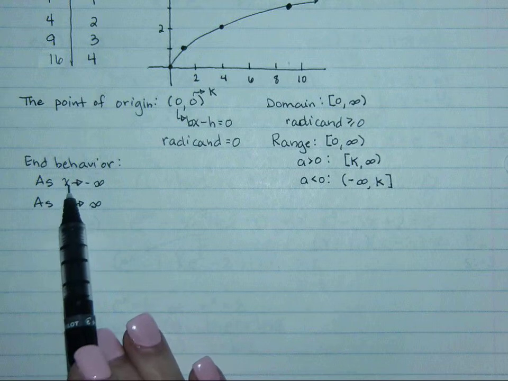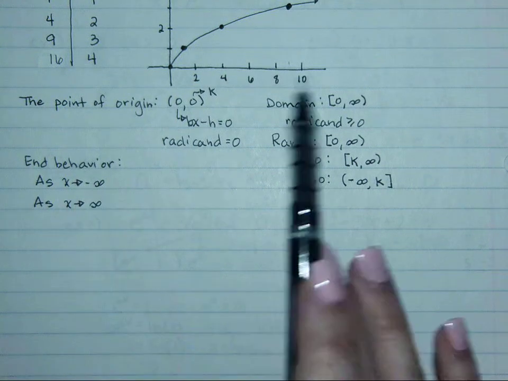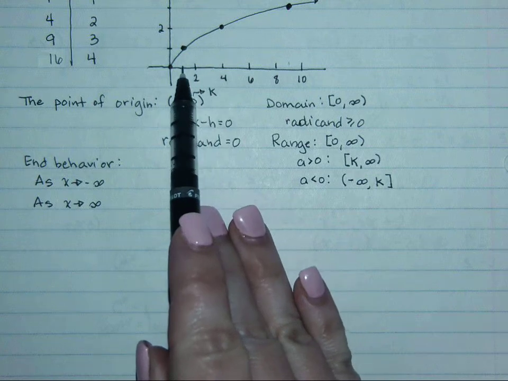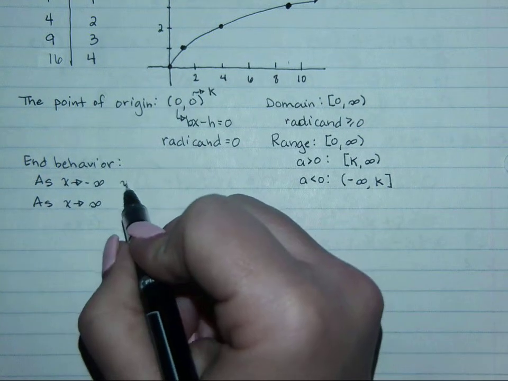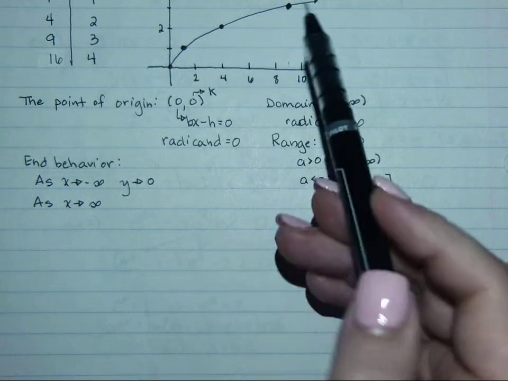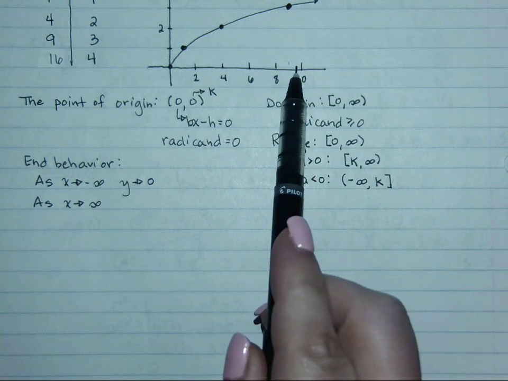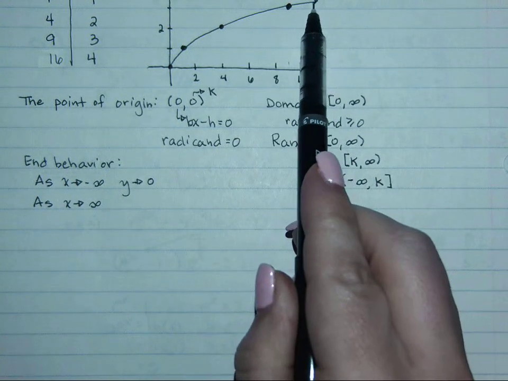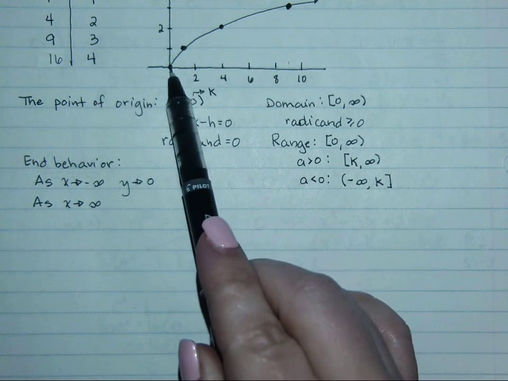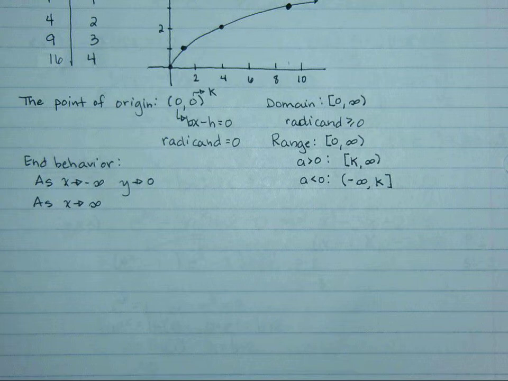As x is approaching negative infinity, your x values are getting smaller, and your y's are approaching 0. If I pick x values and start plotting them, your x values are going to keep going down, your y values too, and eventually you're going to get to 0. You're not going to get any further than that.